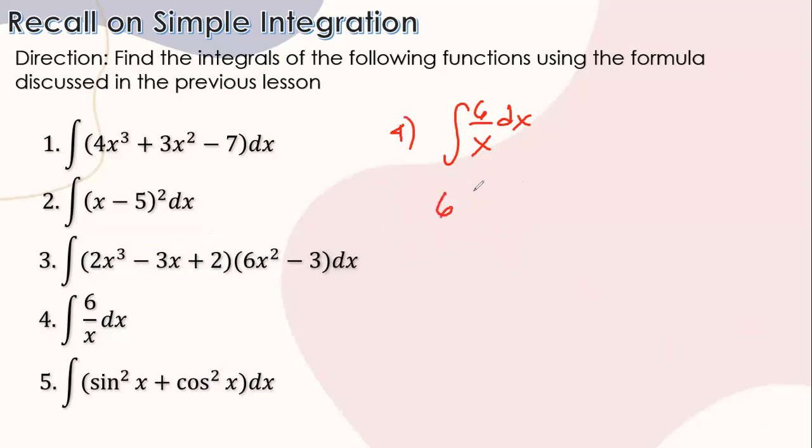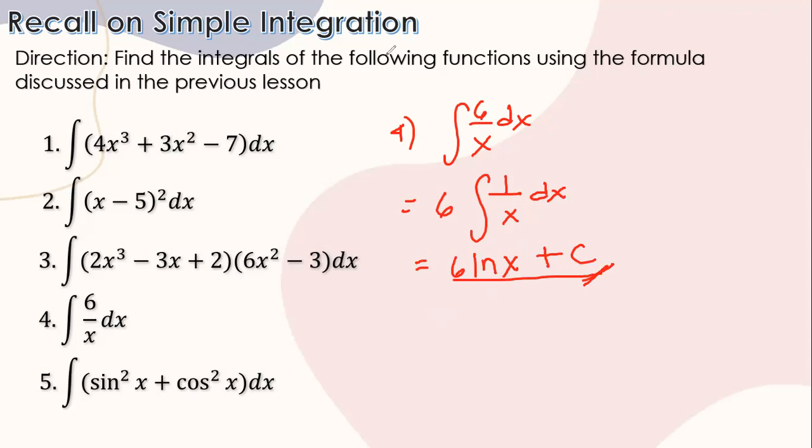Pwede nating ilabas yung 6, just copy, and then matitira integral ng 1 over x dx. Ang integral ng 1 over x dx is, based on our formula, ln x. So 6 ln of x plus c. And that is our final answer.